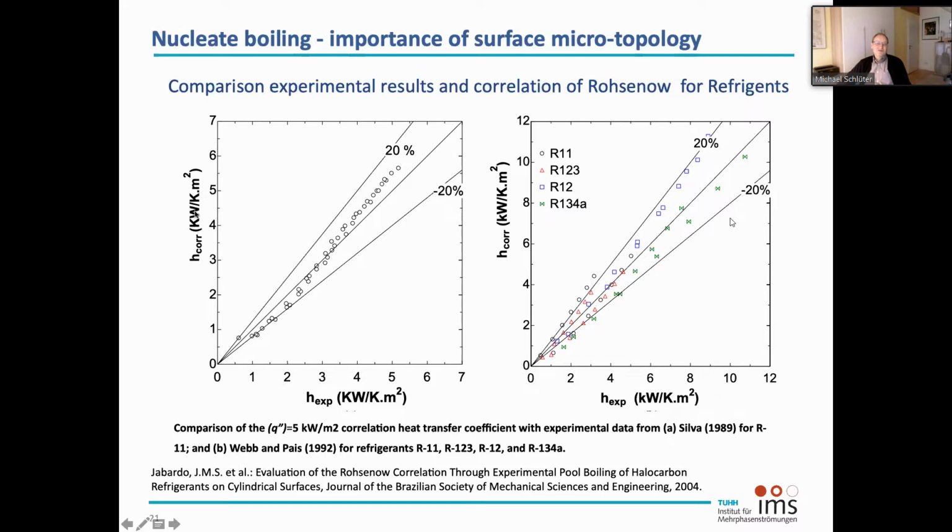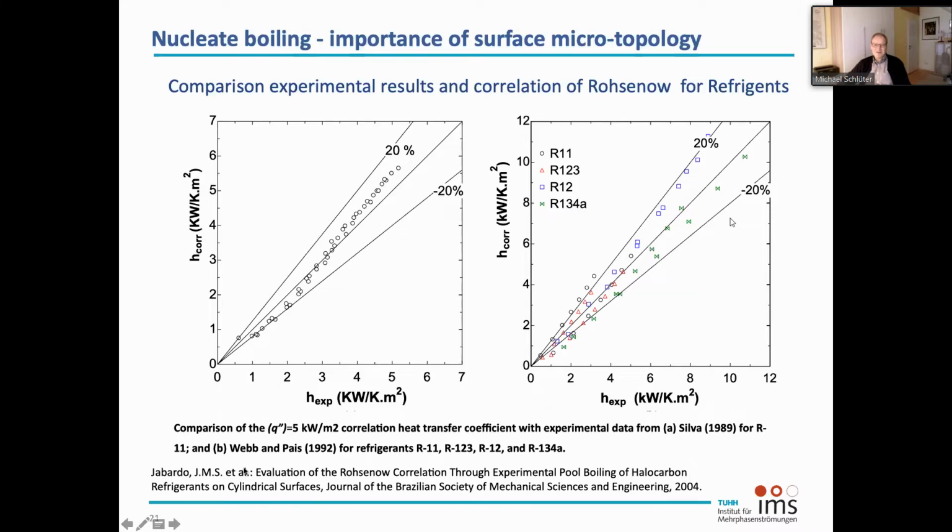So you see this from the unit kilowatt per Kelvin and square meter, and you see how nicely this Rohsenow correlation fits the experimental results for these four very typical refrigerants that have been used here. Yeah, and here you see the different refrigerants, and plus minus 20%, we have a very correct prediction estimation of the heat transfer performance here between the correlation and the experimentally measured heat transfer performance.